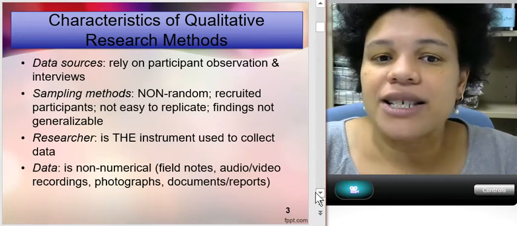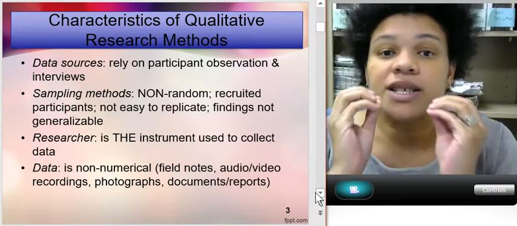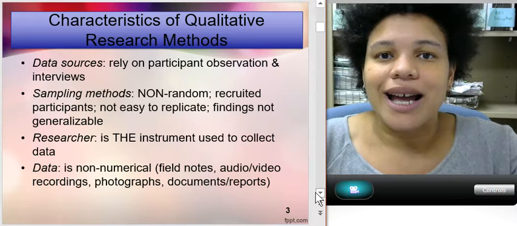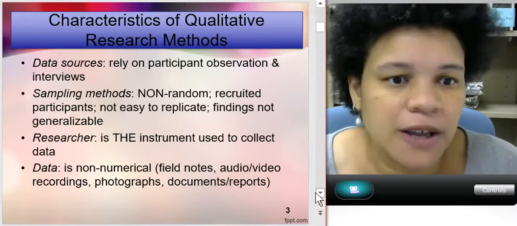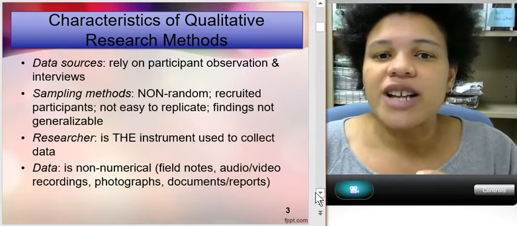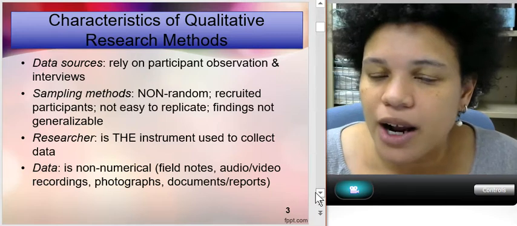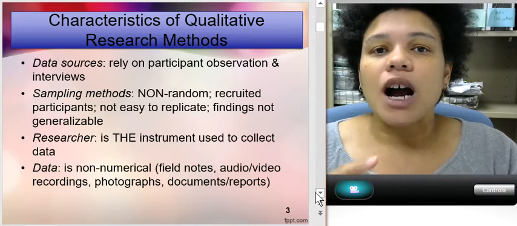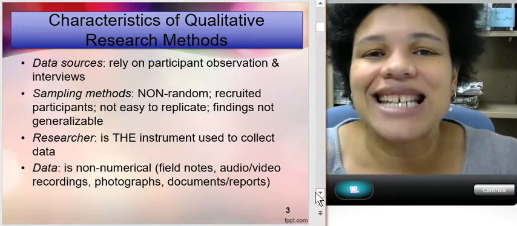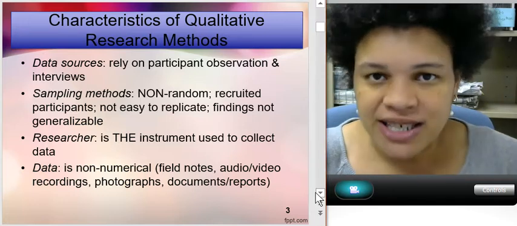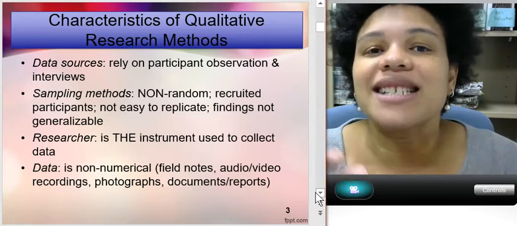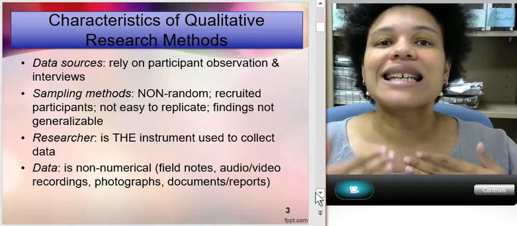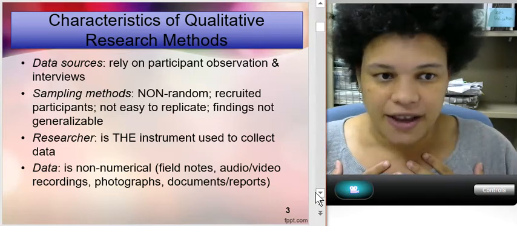It's not easy to replicate the studies because we're studying specific people, the behavior, the thoughts, the ideas, the perspectives of specific people. The findings are not generalizable in the same way that quantitative research is. However, often readers find that they can identify with the participants, and the closer they can identify with the participants, the more they feel the findings apply to them, can generalize to them.